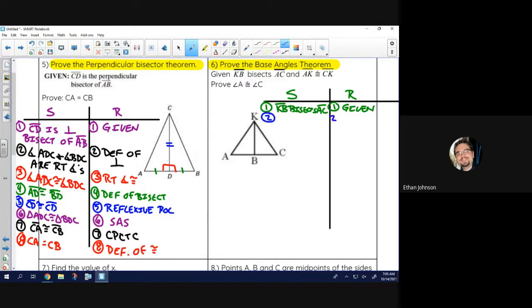Well, that has a vocab word, so I know my next reason has to be definition of bisect. So it says KB splits AC in half, so AB is congruent with CB.